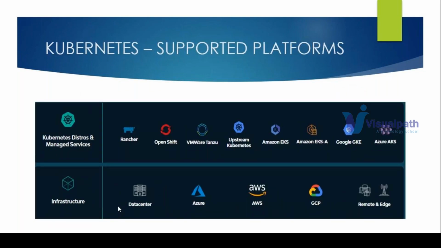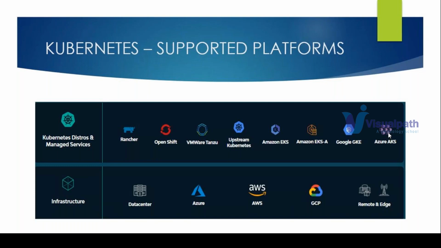In this slide, Kubernetes is widely used across multiple platforms, but I just tried to cover the most popular ones. You can see here remote and edge, then GCP, AWS, Azure, data center, and Azure AKS.